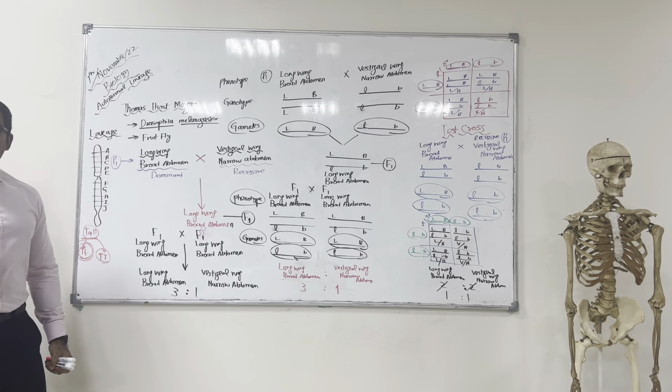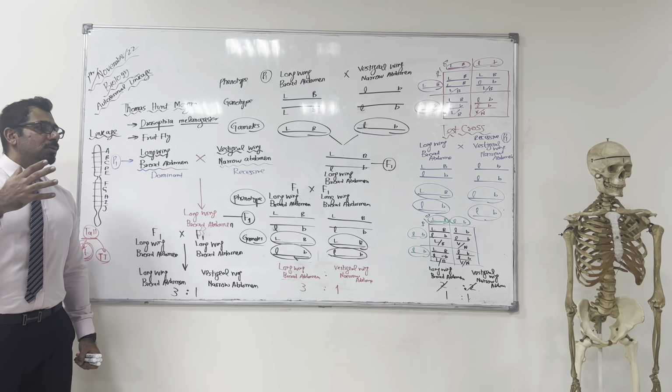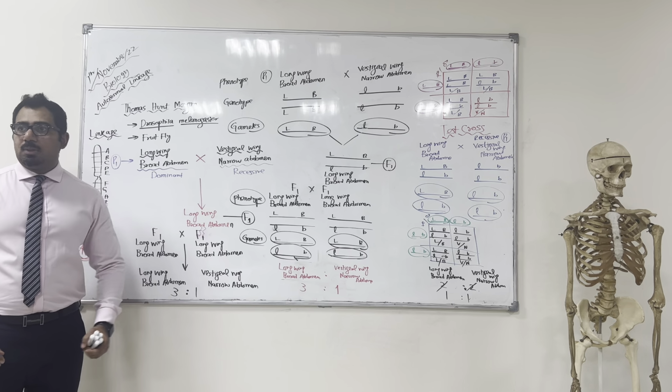Thomas Hunt Morgan wanted to prove that if we do a dihybrid cross on an animal, we will get a 9:3:3:1 ratio. For that purpose, he took Drosophila melanogaster, the fruit fly, and he took two contrasting traits, which are totally different from each other.